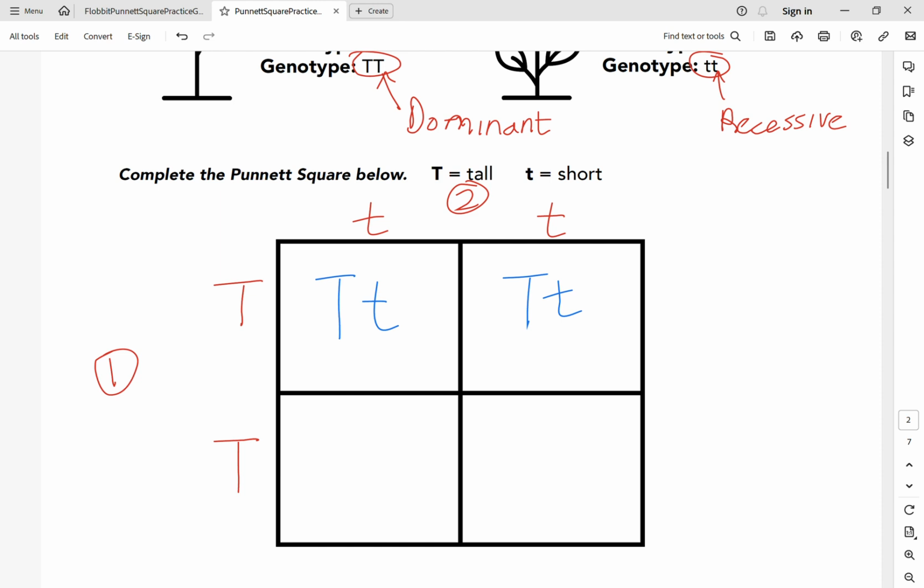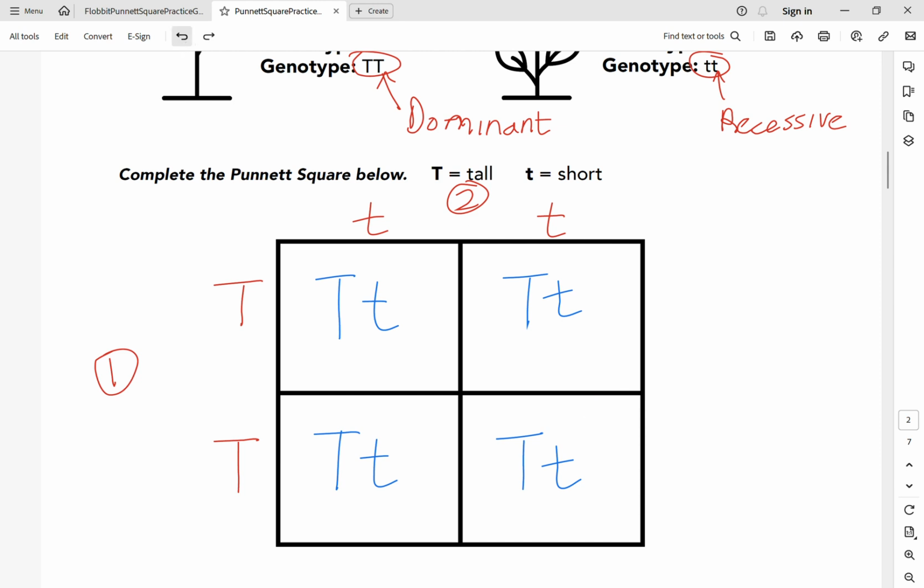Continuing on, we're going to get a capital T and a small t for box 3, again from these two. And lastly, we're going to get a capital T and a small t from here and from here.